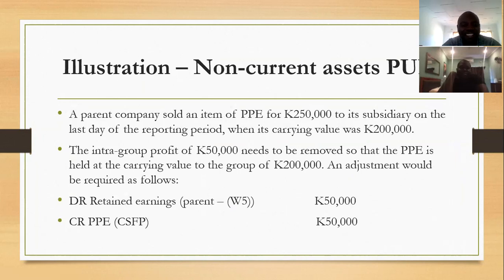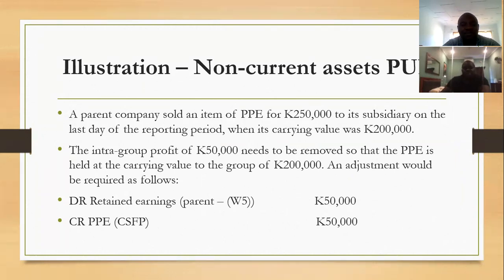So this is just a basic illustration. It says a parent company sold an item of property, plant, and equipment for $250,000 to its subsidiary on the last day of the reporting period, when its carrying value was 200,000 kwacha. The intra-group profit is 50,000.